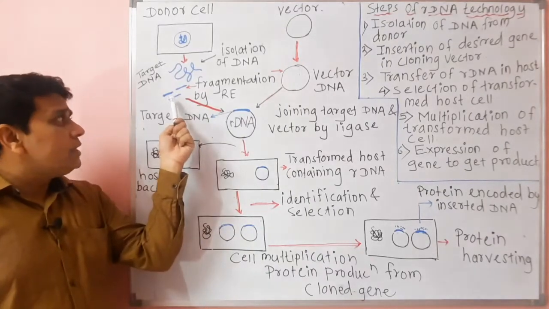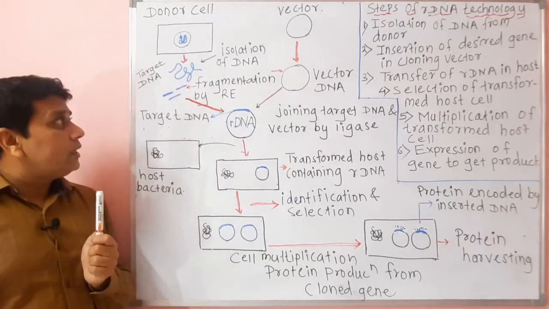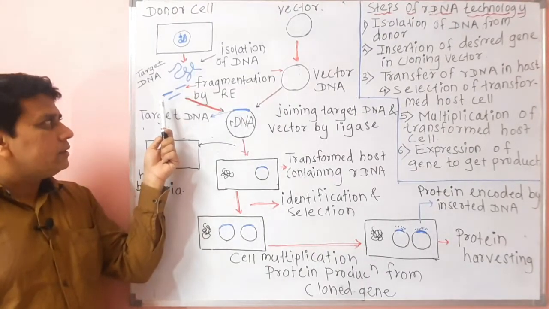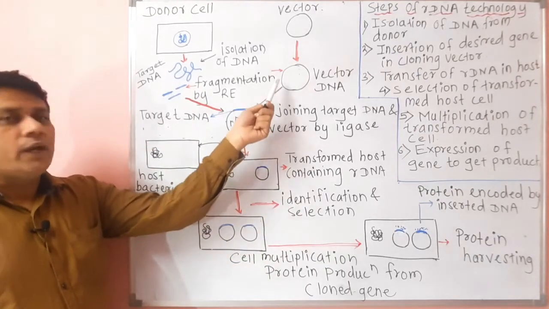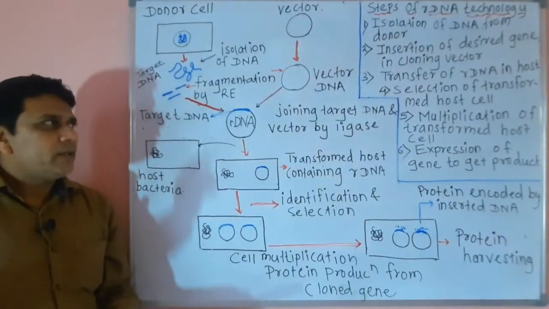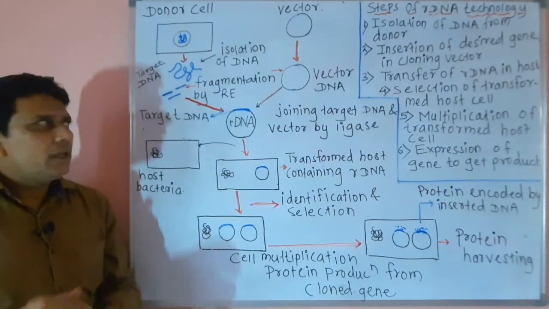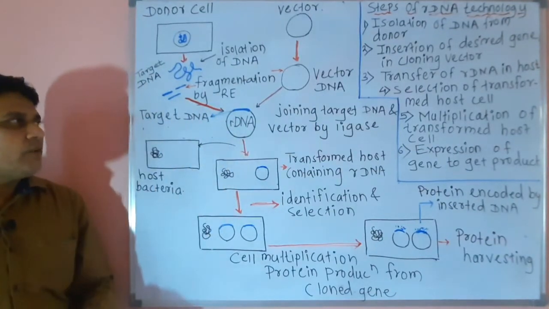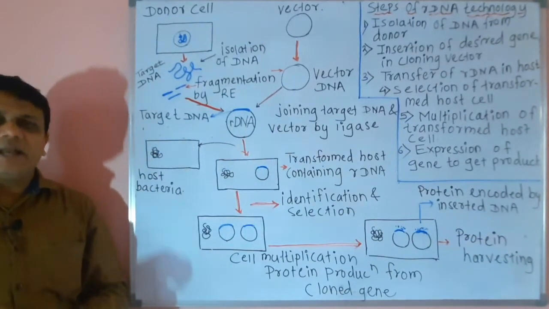Then the desired fragment of DNA, which is purified from the DNA fragments, the desired gene or the target DNA, is joined to the cleaved vector. Cleaved means the particular point where the plasmid DNA is cut. At this point, the desired DNA is joined with the help of an enzyme called DNA ligase.